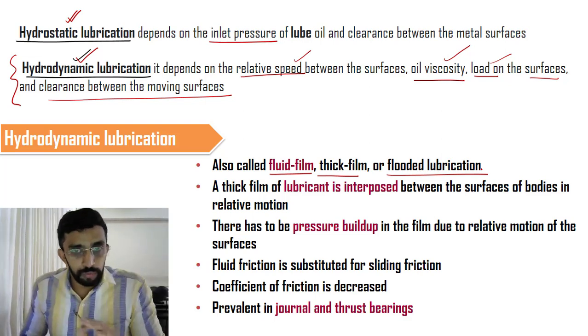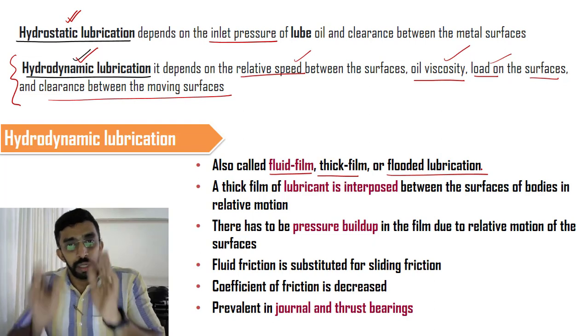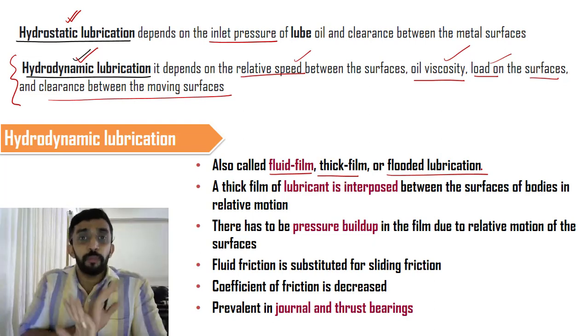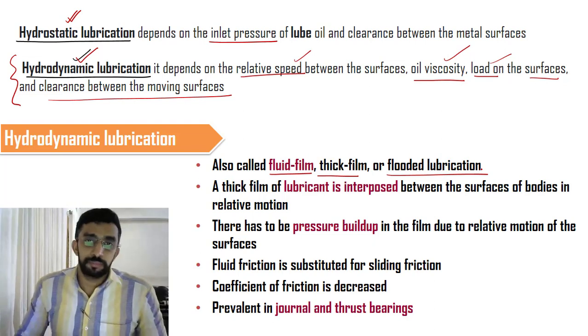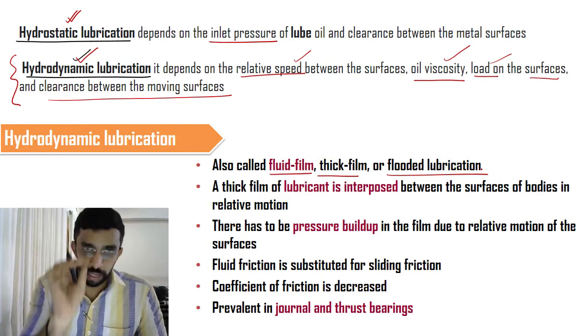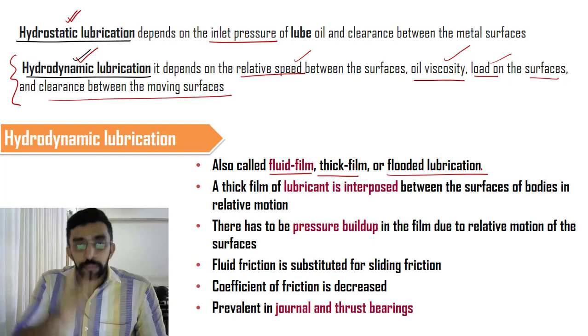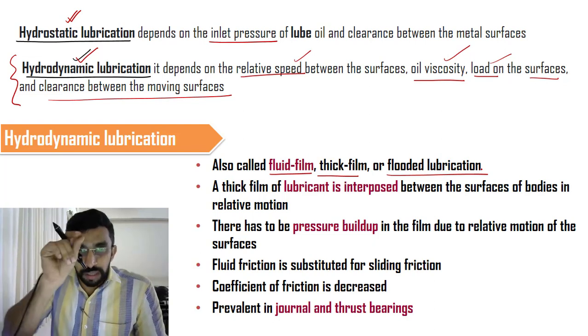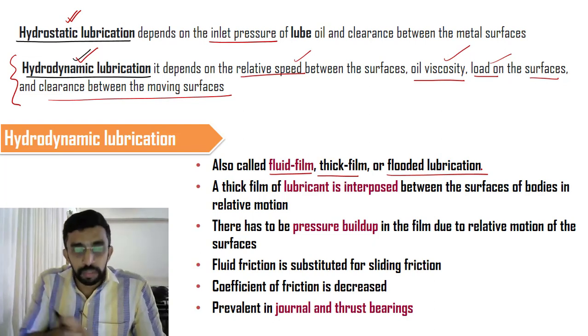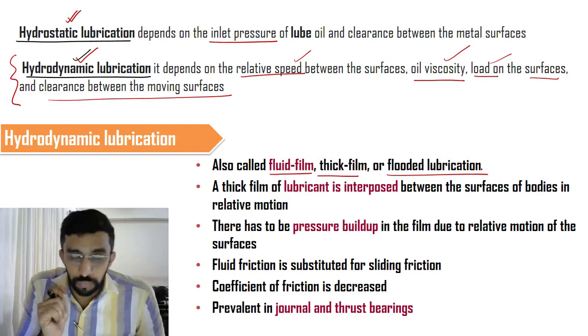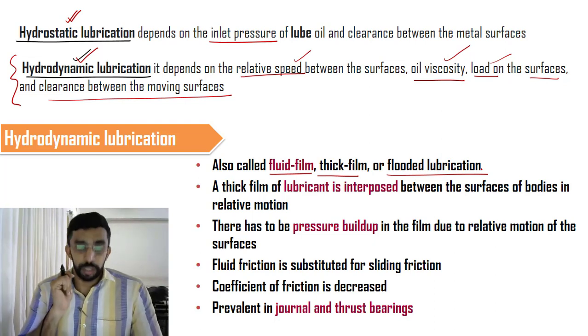At any point of time in the operation, there should not be any kind of metal to metal contact. So in order to have a solid layer between these two surfaces, there should be a thick film passing between them, and so it is called thick film lubrication.